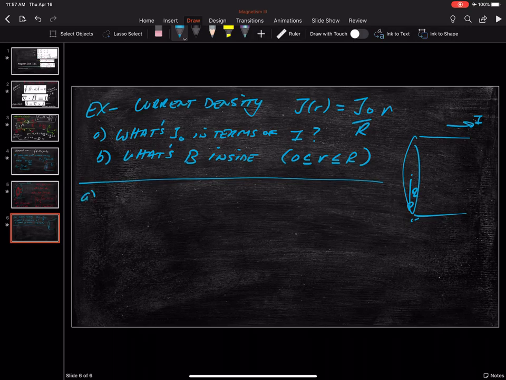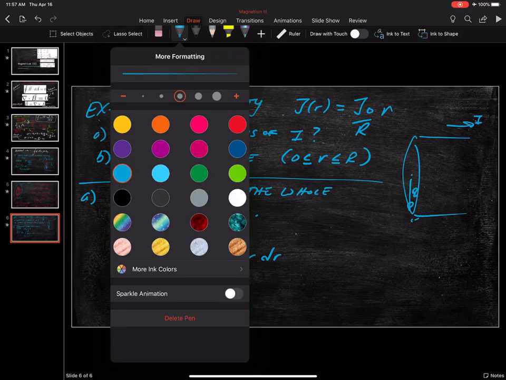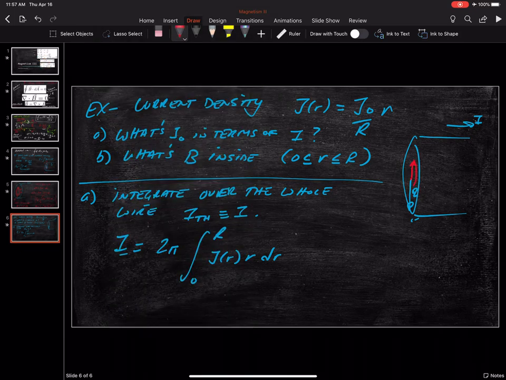If I integrate over the whole wire, then I through is just I. So I is equal to 2 pi integral from 0 out to R of J of R, R dr, and I should get the entire current. If I integrate out to some intermediate distance, I just get how much current goes through that little spot.